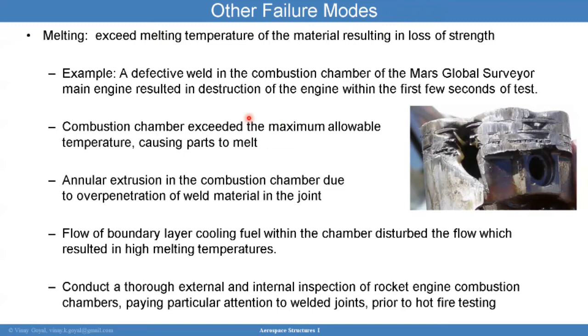Well, the flow of the boundary layer then interacted with this disturbance of the flow due to this overpenetration of the weld material, which then resulted in high melting temperatures. And so they had to conduct a thorough external and internal inspection of the rocket engine to make sure that there is no issue moving forward when it came to these welds prior to hot fire testing.